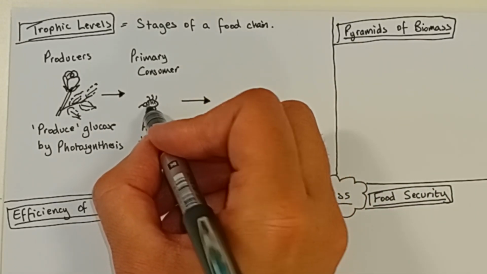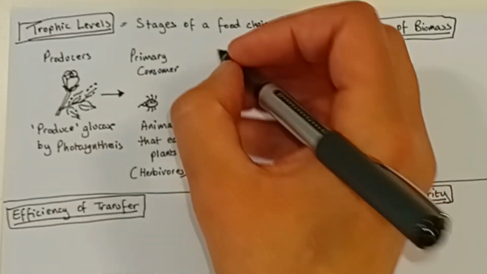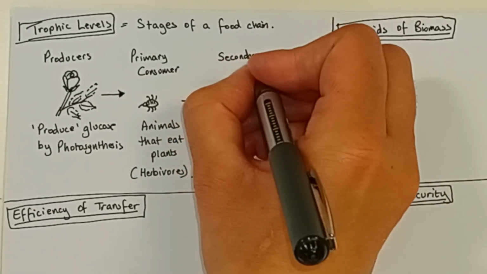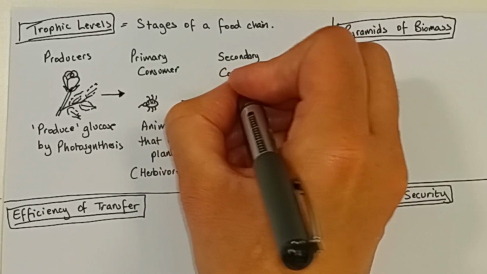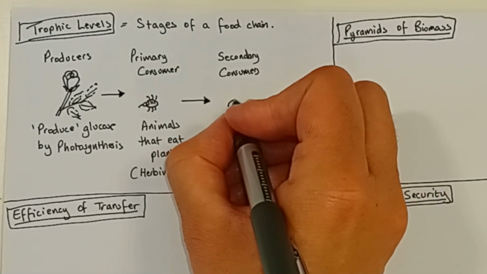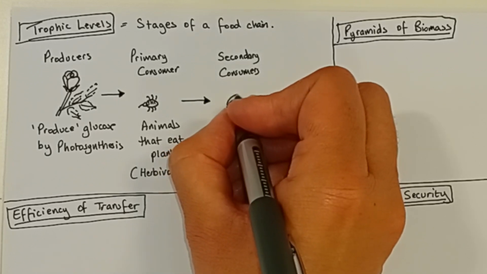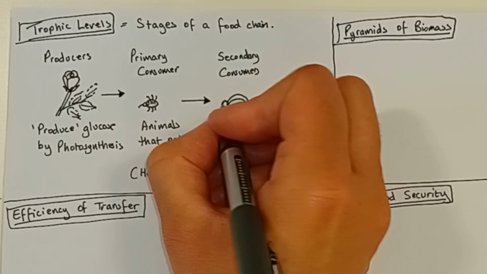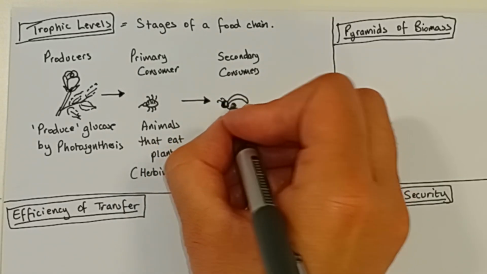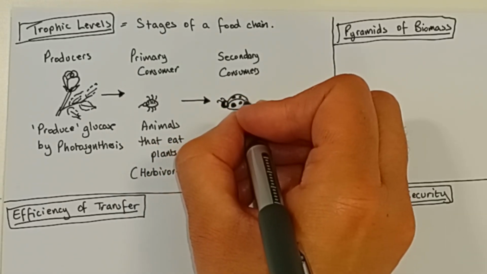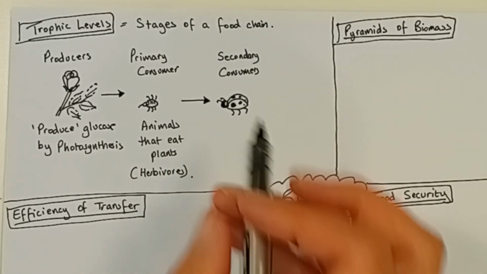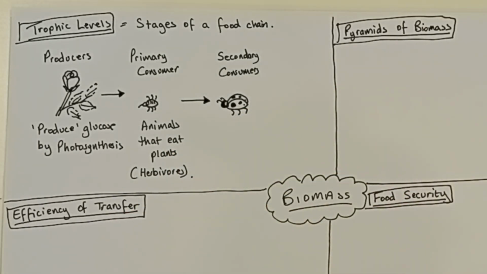The animal that eats the primary consumer then are called secondary consumers. And in my food chain, that's going to be a ladybird, just because they're easy to draw. And ladybirds eat aphids.